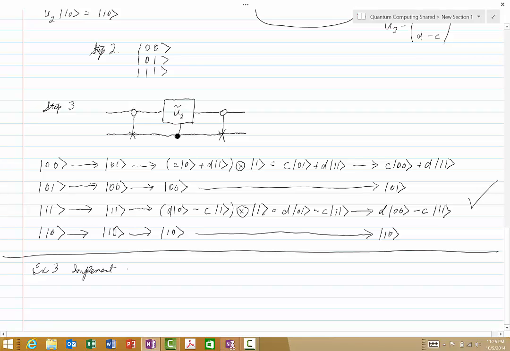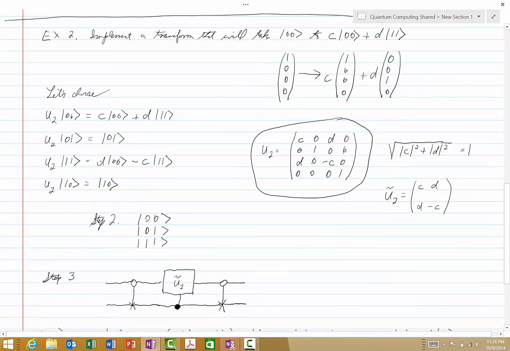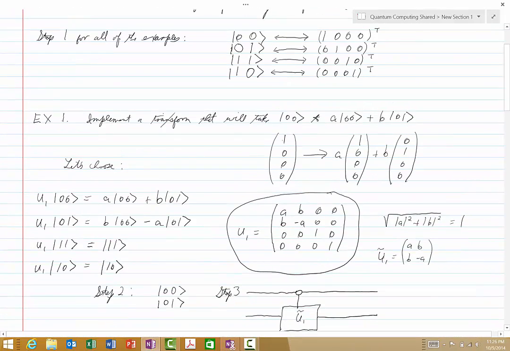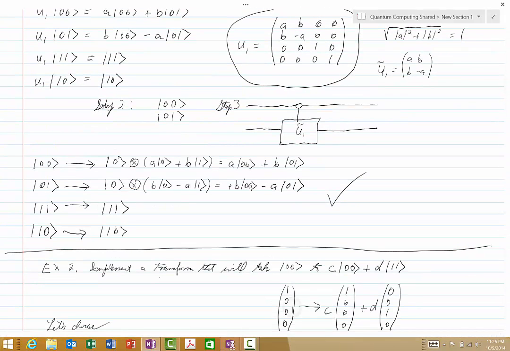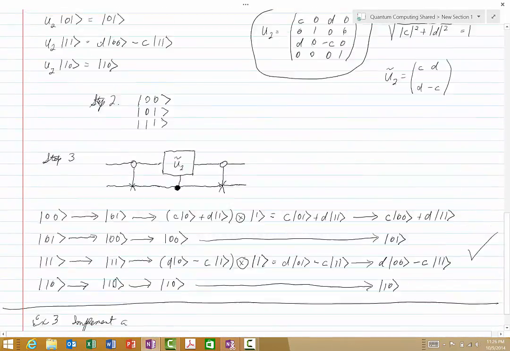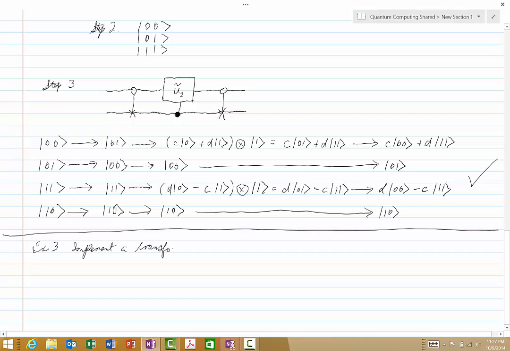Implement a transformation that will take 00 to E00 plus F10.